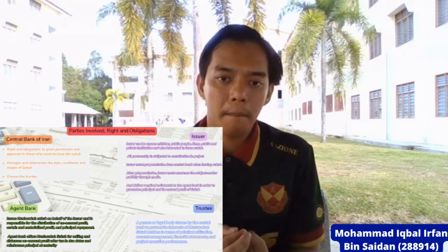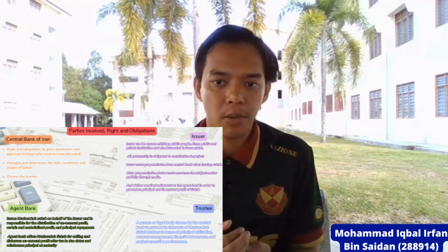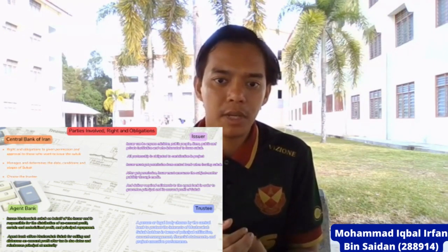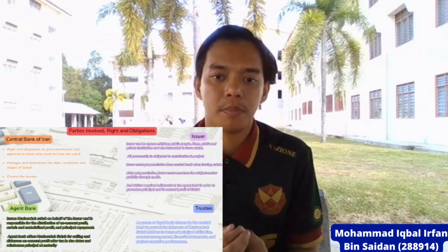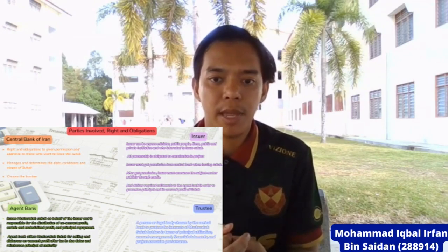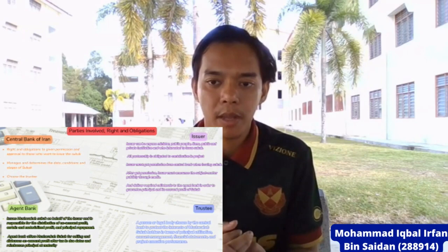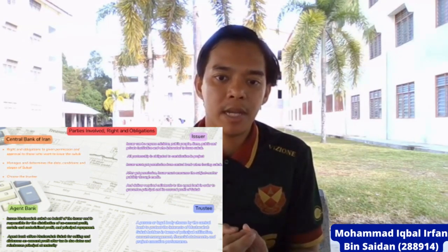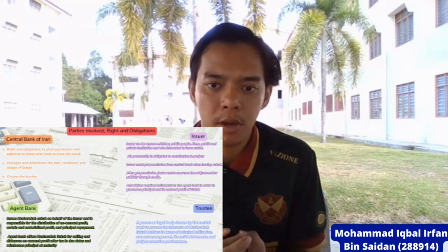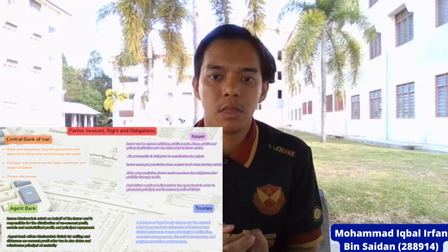Issuer must get permission from the central bank when issuing the sukuk. After getting permission from the central bank, the issuer must announce the subject matter publicly through the media and deliver the required documents to the agent bank in order to guarantee the principal and the profit of the sukuk.